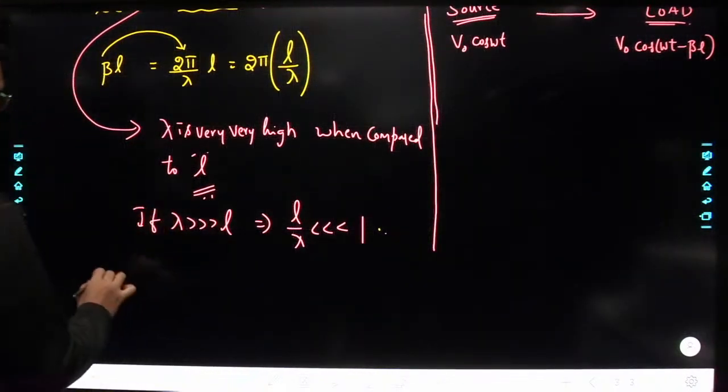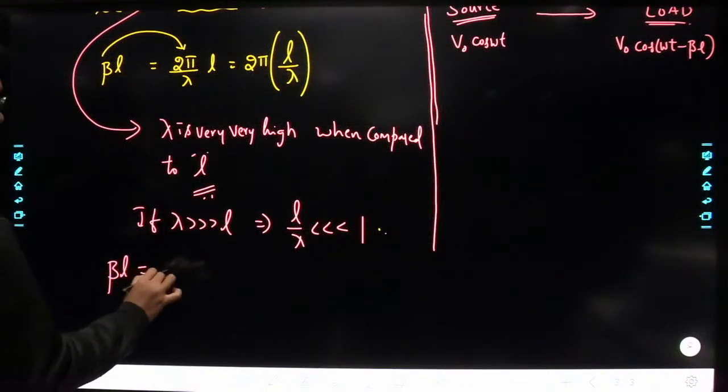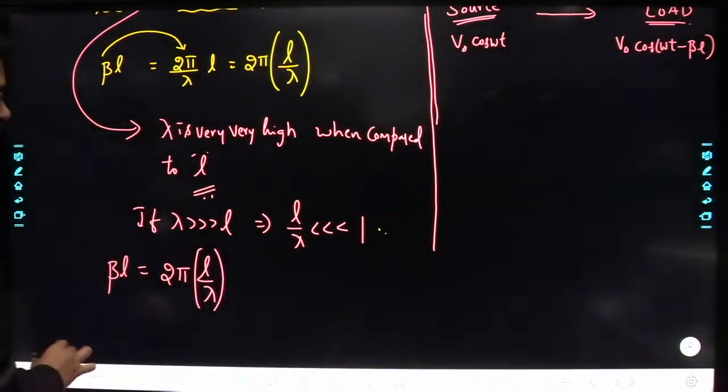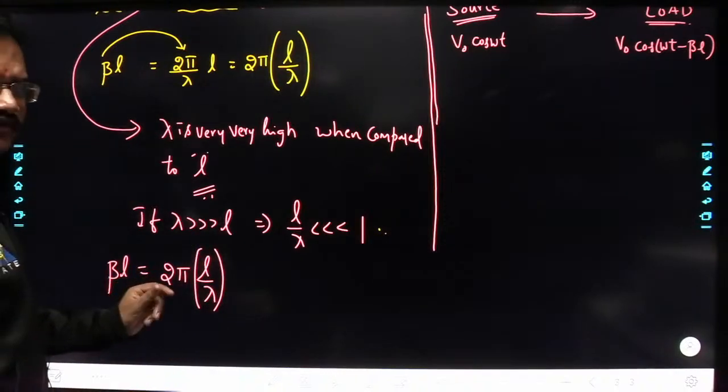So this beta L, which is equal to 2 pi into L by lambda, is very small here.